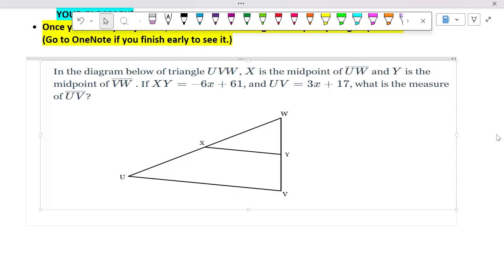So like saying that UV is double XY instead of doing that XY is half of UV, just so you're not dealing with fractions. All right? Because that can get messy. So how would I write out my equation to solve for x, which looking at the board, most of you got?